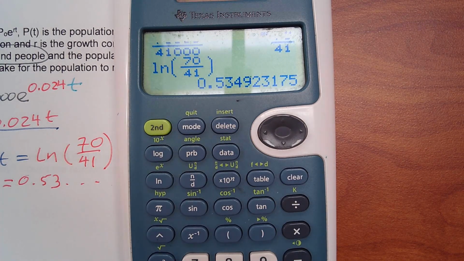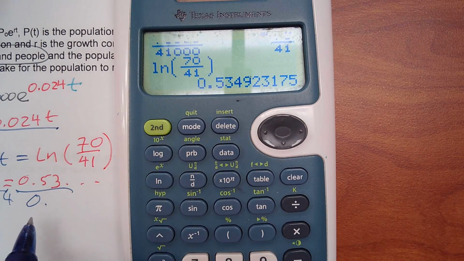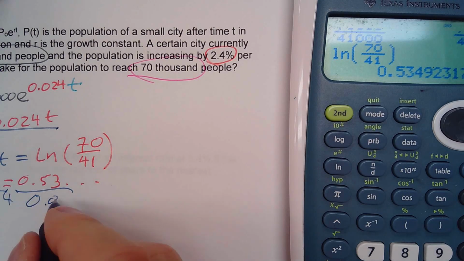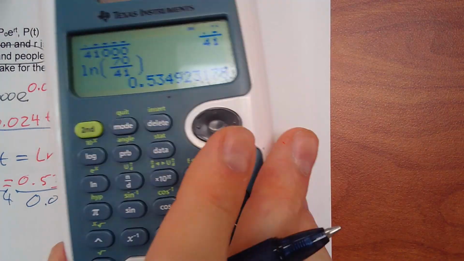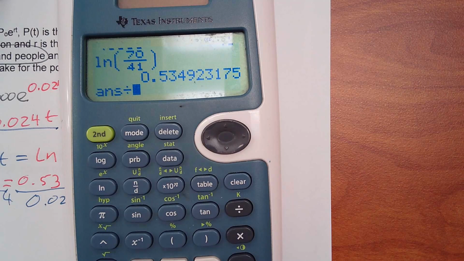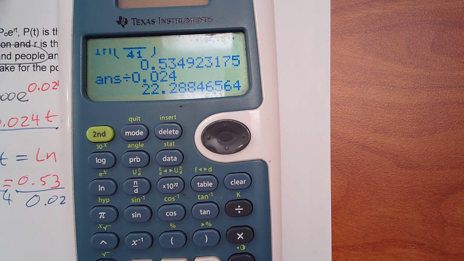Now to solve for t, I'm going to need to divide both sides by 0.024. So I'm going to take that answer and divide it by 0.024. So it's a little over 22 years.